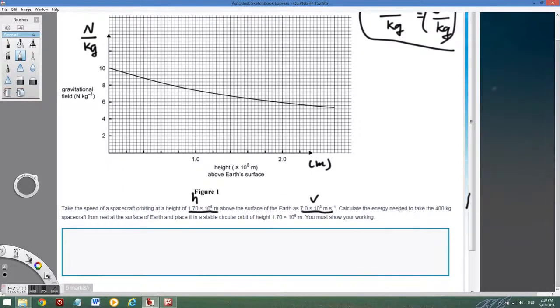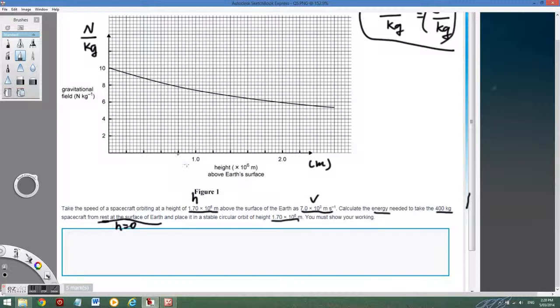I need to calculate the energy needed to take a 400 kilogram space craft from rest at the surface of the Earth, so the height will be 0, to this height.